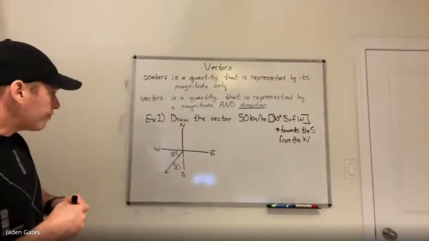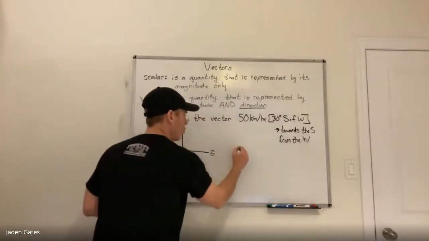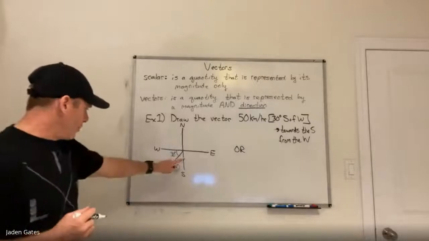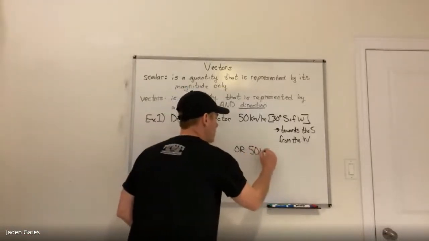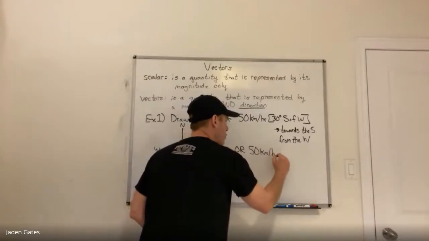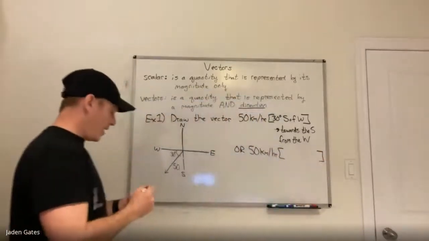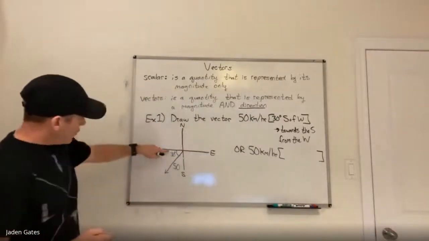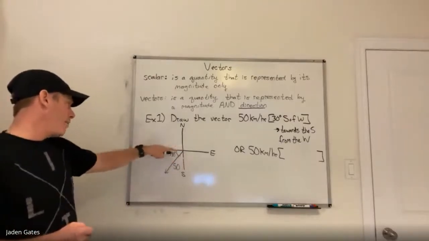Now, vectors could be described 2 different ways. What I could look at is that the magnitude, or the size of it, does not change. But what I could do is change the way I describe the direction. And how I would do that is, if I know there's a 30-degree angle here, well, our compass rose makes a series of 90-degree angles.